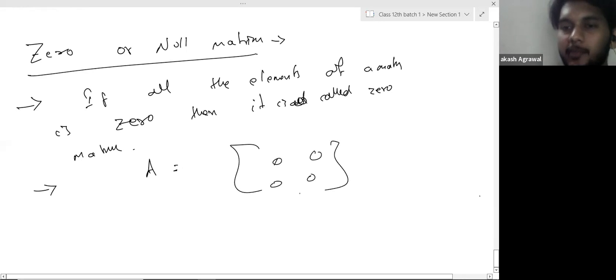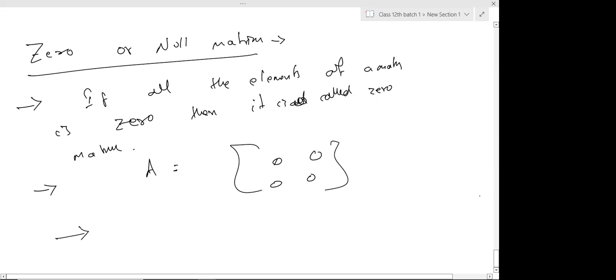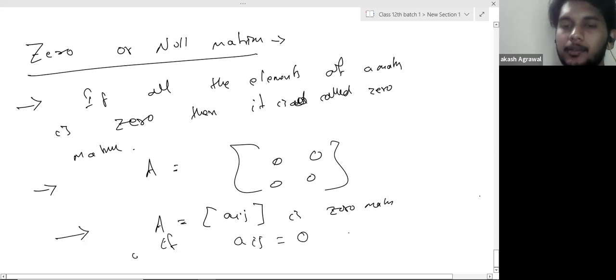Just put all the elements as zero. This will be a zero matrix. In language, Krishna, what can we write? Sir, Aij is equal to 0. Right, zero matrix if Aij equals zero for all i and j, right? Note it down.